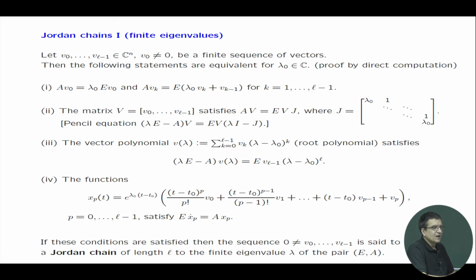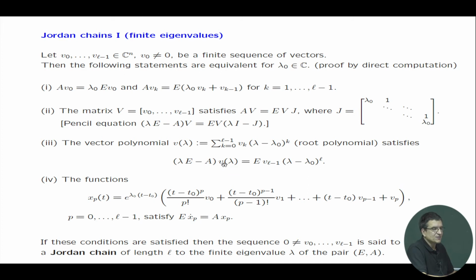And it turns out that our vectors satisfy the upper relations if and only if this polynomial equation holds.